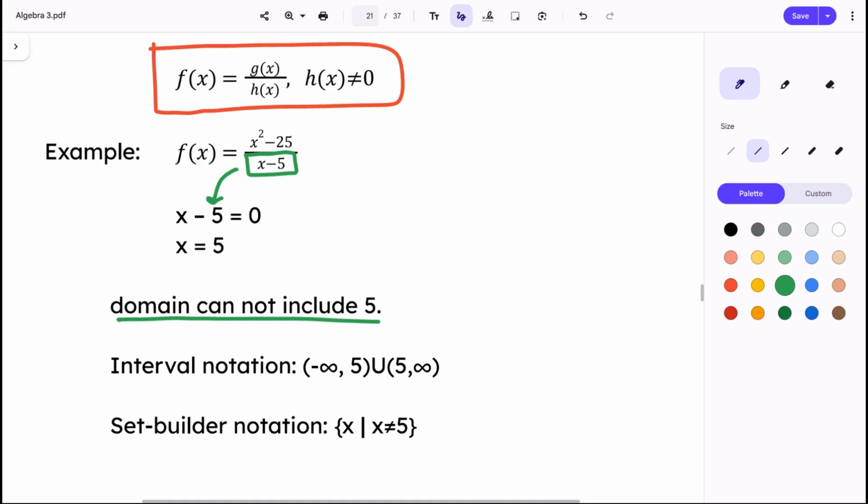Then you can see down below how they're writing that the two different ways. Remember, interval notation is when you're describing what the domain values could be. And so they're saying it could go from any number that's negative infinity all the way up to 5. So any of your x values that are from a little bit below 5 down to negative infinity. So it could be negative 6, negative 7, negative 10, whatever, or the other side.